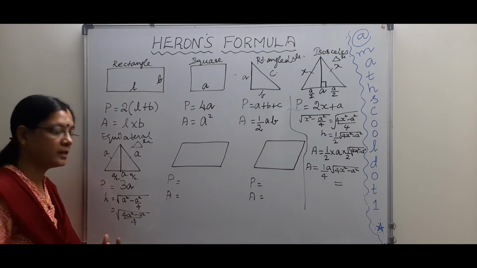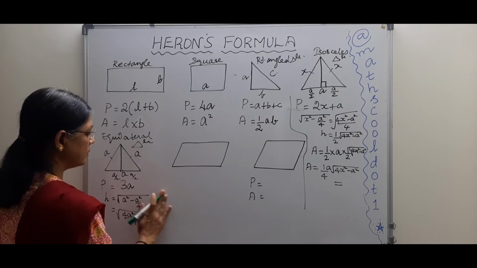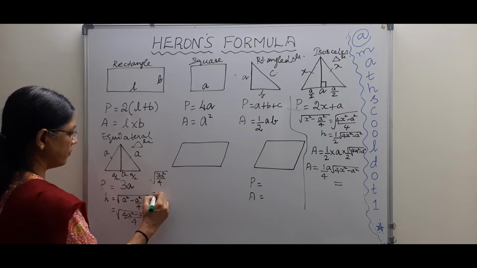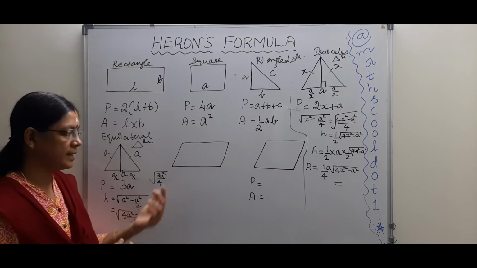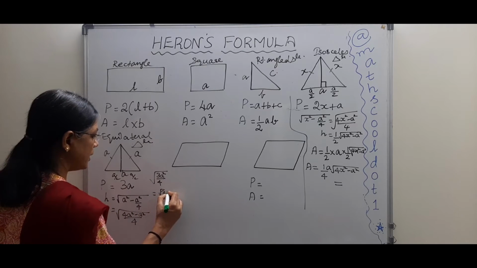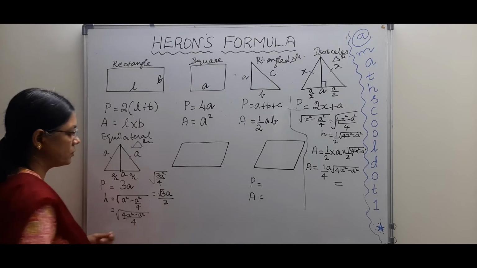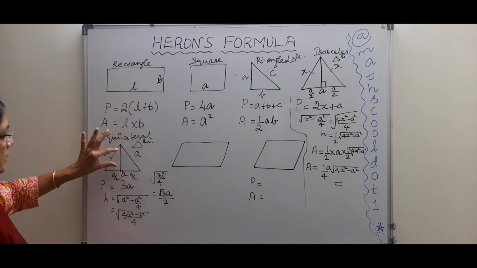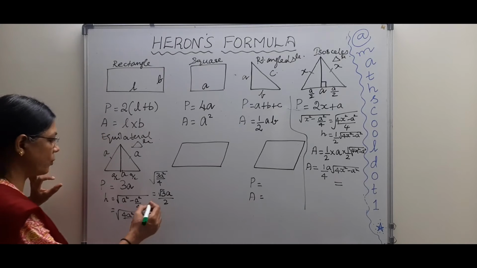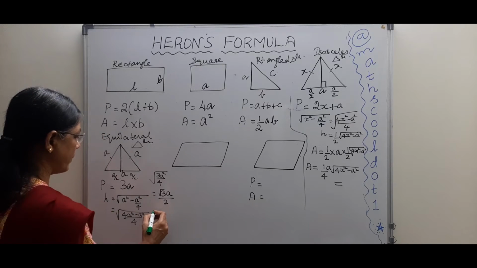Okay, 4a squared minus a squared is 3a squared by 4 under the root, and 4 and a squared I can take outside the square root. So it becomes root 3 a by 2. That is the height of the triangle.